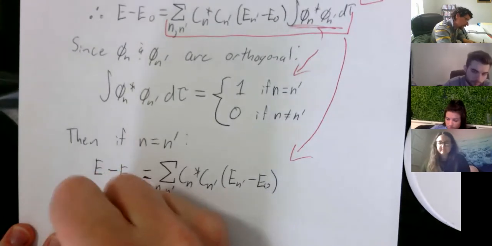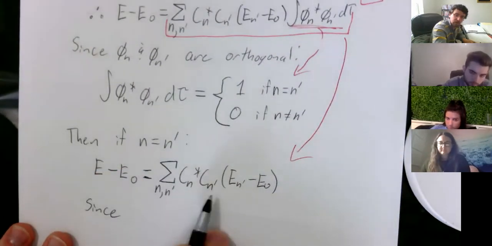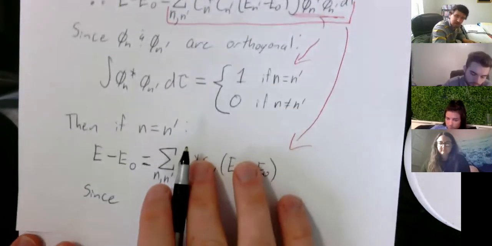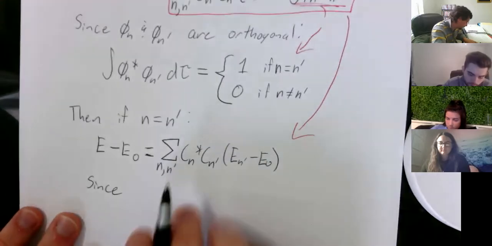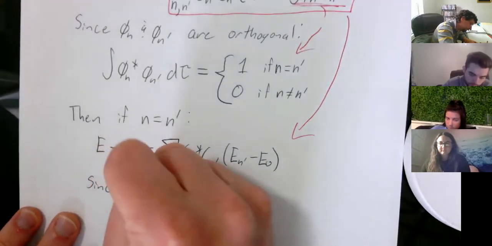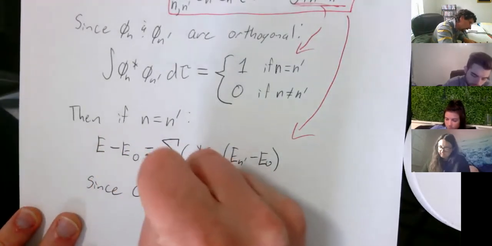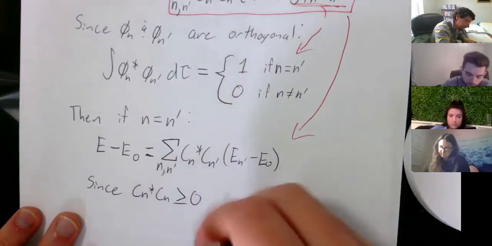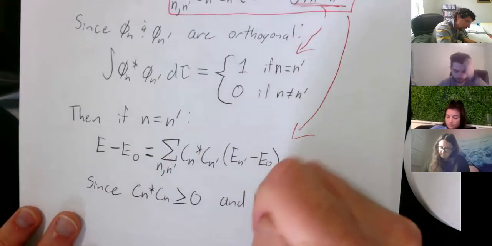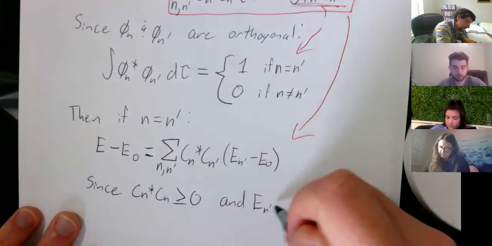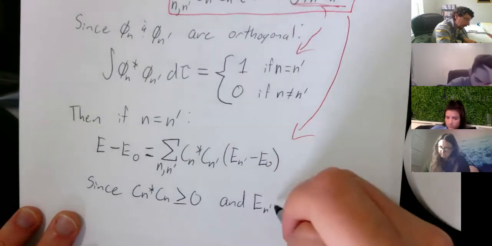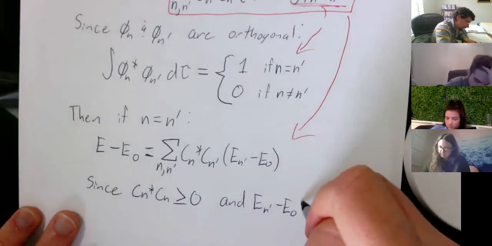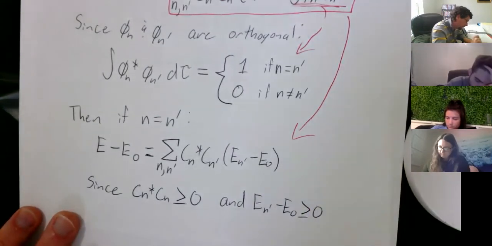And since these contributions have to be greater than or equal to 1, En is greater than or equal to 1. And we're going to assume that En prime minus E naught is greater than or equal to 1.